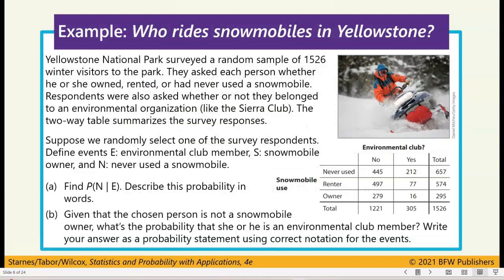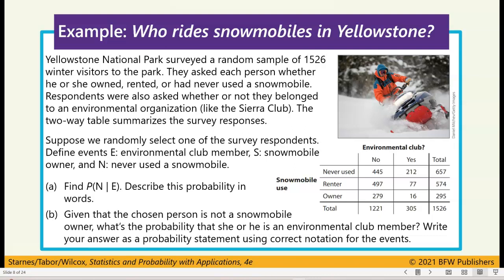Okay. Who rides snowmobiles in Yellowstone? That would be fun. Yellowstone National Park surveyed a random sample of 1,526 visitors to the park. They asked each person whether he or she owned, rented, or had never used a snowmobile. Respondents were also asked whether or not they belonged to a club organization. The two-way table summarizes the responses.